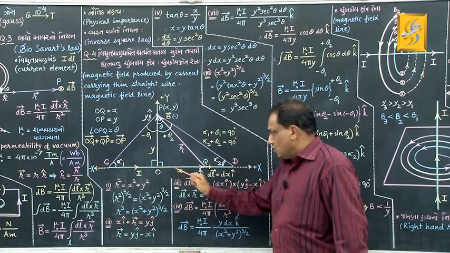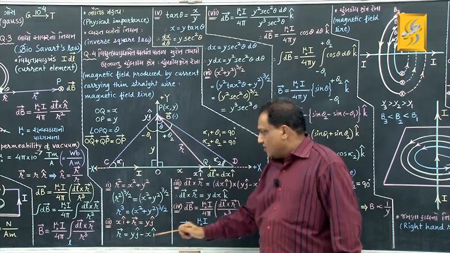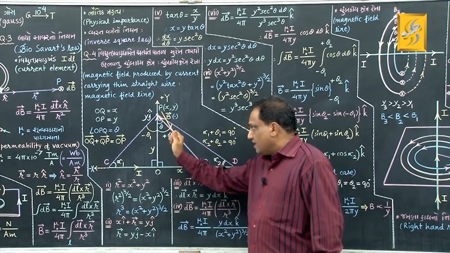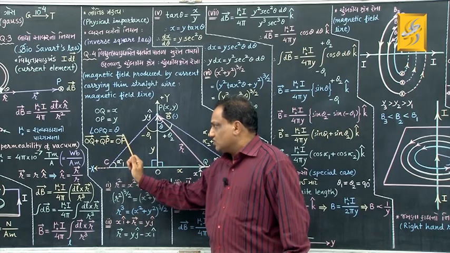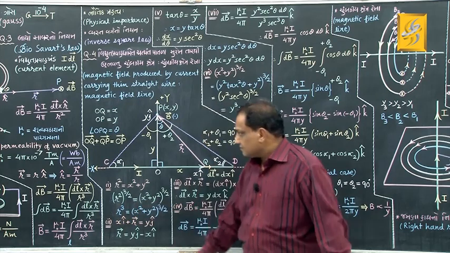So, vector OQ plus vector QP will be equal to vector OP, correct. Just put the respective symbols.